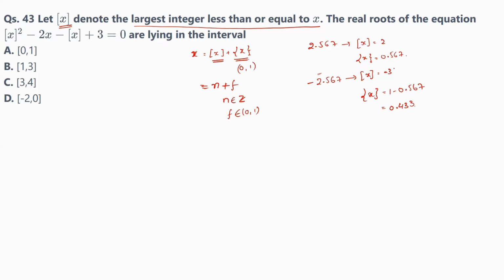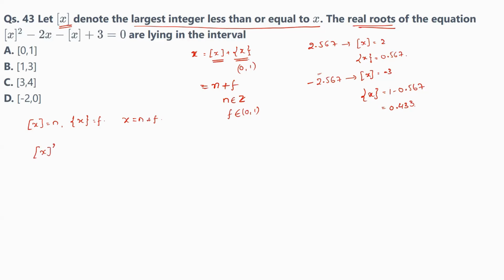The real roots of the given equation are lying in the interval. So we are already told this equation has real roots. We have assumed ⌊x⌋ equals n and the fractional part is f, such that x is equal to n plus f.